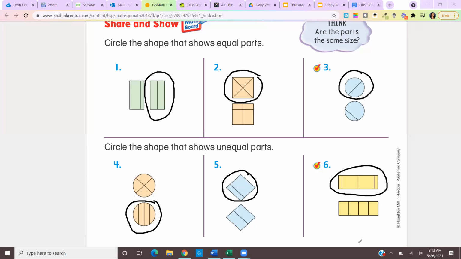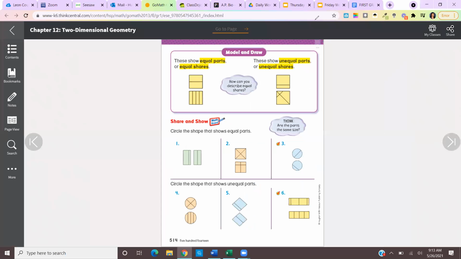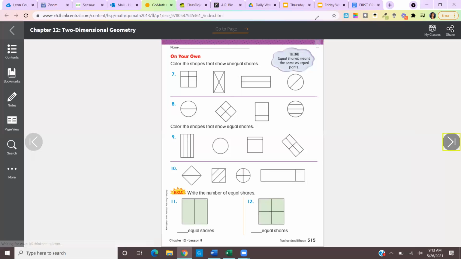Okay, love bugs, y'all are doing an awesome job this morning. What we're going to do, I am going to set my 5-minute timer, and I am going to give you some time to do this page by yourself. But first, I want to tell you the instructions so you do the right part. For numbers 7 and 8, you are looking for unequal shares.